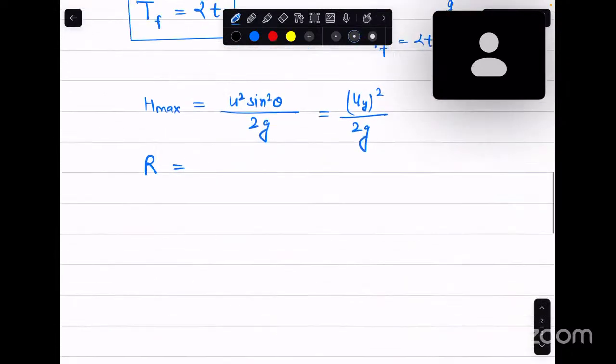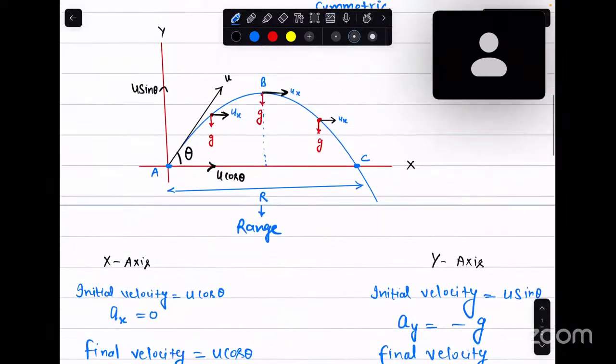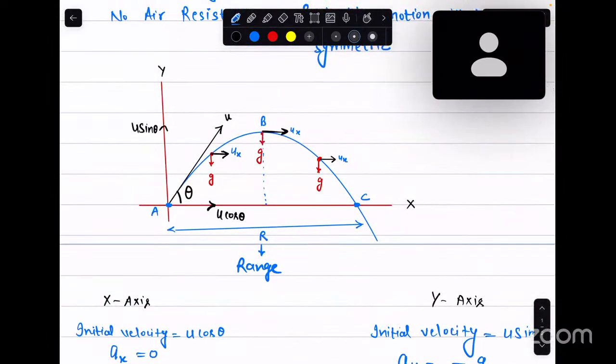This can be calculated by using speed into time. So R will be distance, and distance will be speed into time. Speed is u cos theta and time is t. So if you take the value of time t, that is u sine theta divided by g, in that case the answer will be... I'm sorry, in case of range R, we have to take the complete time period.